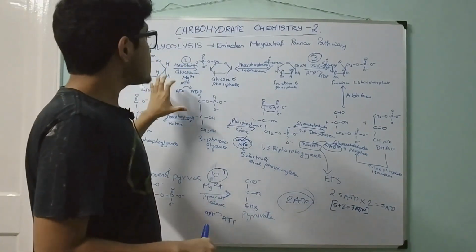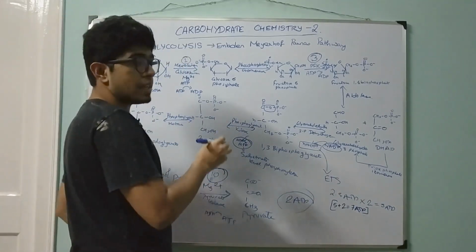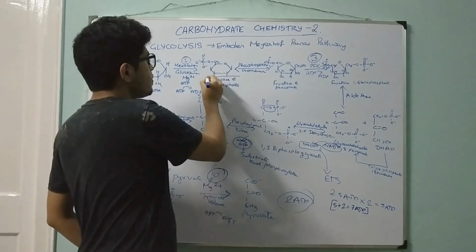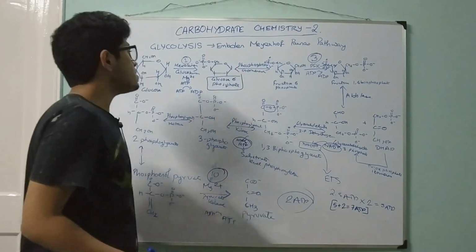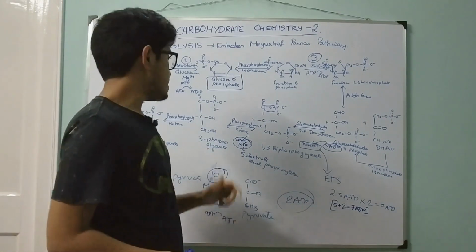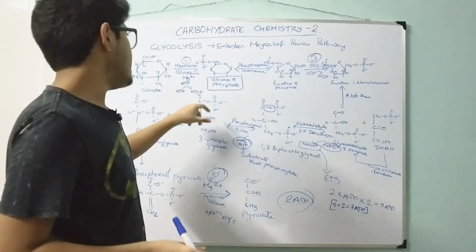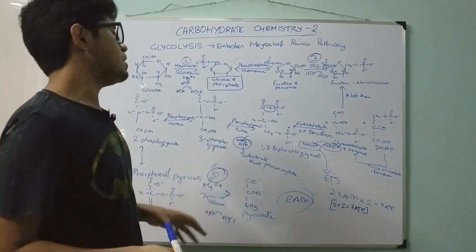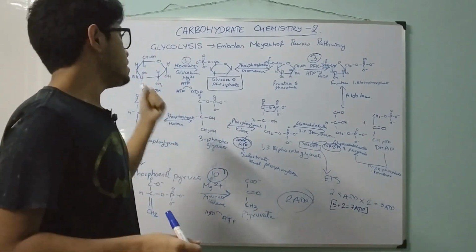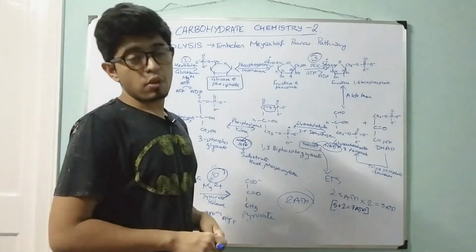Hexokinase is regulated basically allosterically by the concentration of glucose 6-phosphate. Glucose 6-phosphate acts as an allosteric regulator of hexokinase. When the glucose 6-phosphate concentration is high, then the hexokinase molecule is inhibited, and hexokinase is also regulated by high ATP concentration.